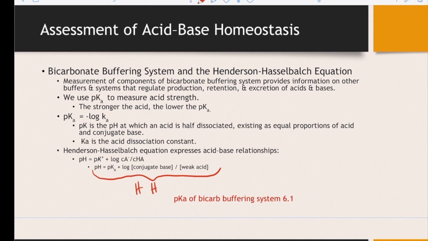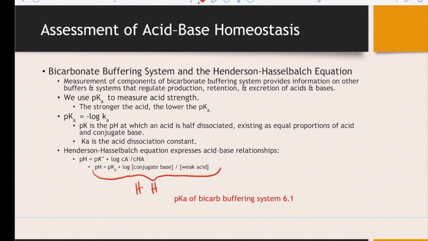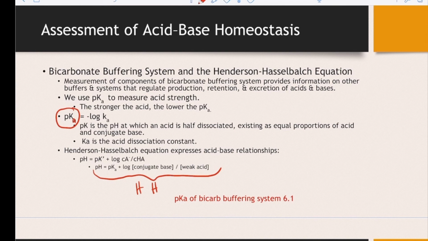Basically, we can plug in our conjugate base and our weak acid concentrations into this formula, and then we can assess our acidity or alkalinity using that equation. A term that you might see here that may or may not be super familiar is the pKa. I think there's actually a typo in your notes, so you're going to want to put a little a there. The pKa is basically just a constant that relates back to acid dissociation.